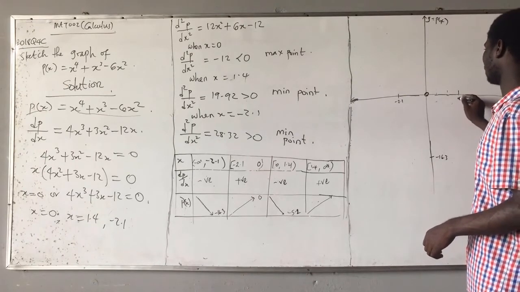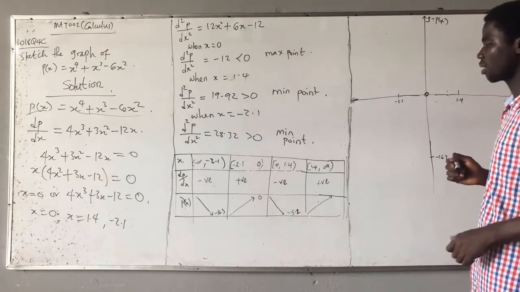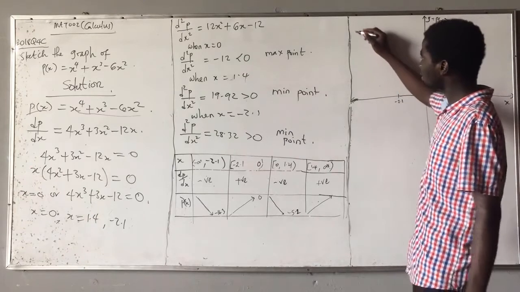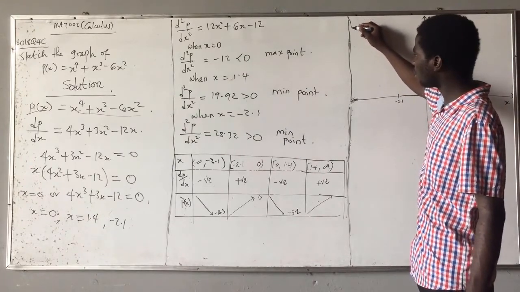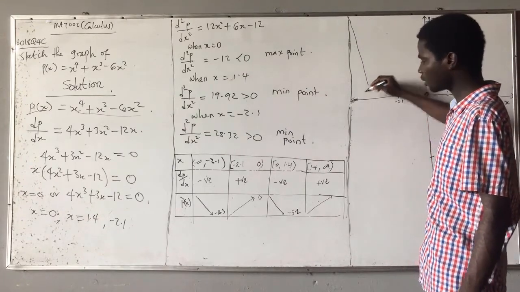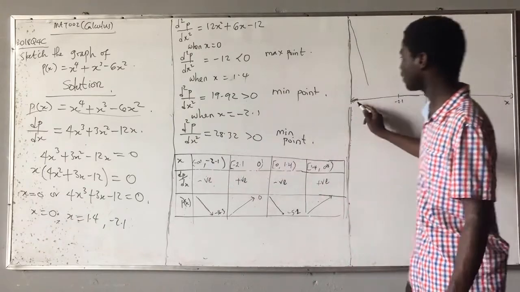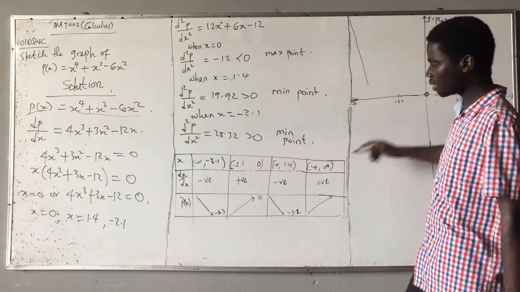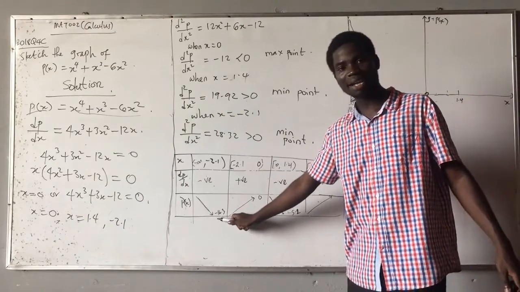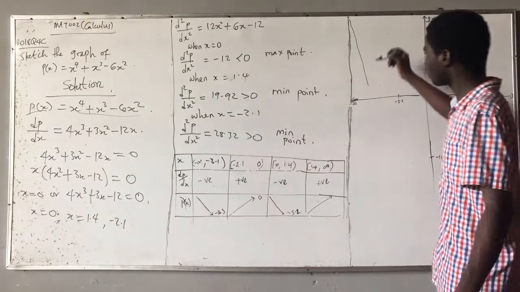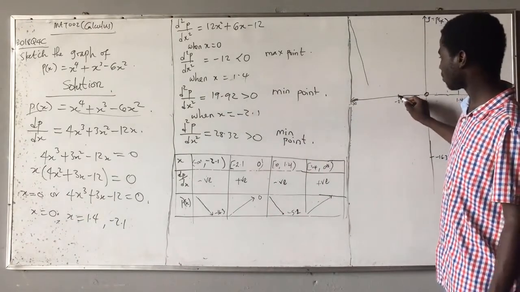Not drawn to scale. We can use graph paper to draw it. But then look at it. So that means the function will be coming all the way down. Do you see? Decreasing from minus infinity. It will be coming down till it gets to minus 16.3, and the value of x at that point is minus 2.1.